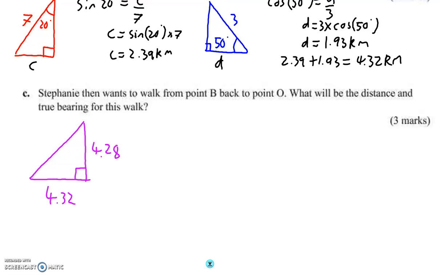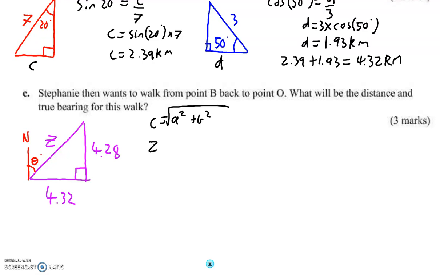And remember, her true bearing, heading back, is going to be this angle here. So that's north. Alright. So, to find Z, we're going to use Pythagoras' theorem, which is C equals the square root of A squared plus B squared.